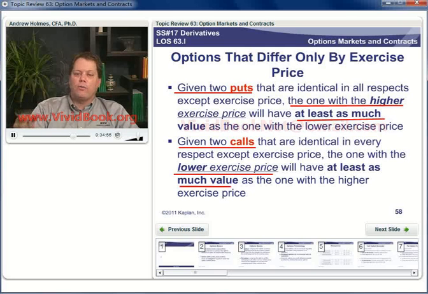And again, ignoring one constraint, so we don't have to worry about the at least as much, what this is saying is the lower the exercise price, the greater the value of the call. So all else equal, would you rather be able to buy the underlying at $25, or would you rather be able to buy it for $20? Well, if you're buying, you want as low a price as possible. So the lower the exercise price, the higher the value of the call. Just the opposite for puts: the higher the exercise price, the greater the value of the put.